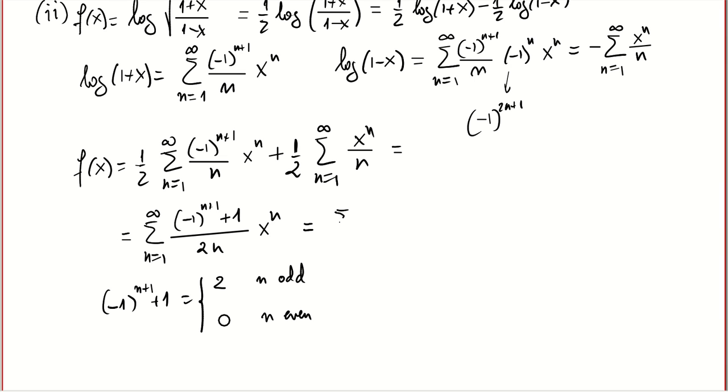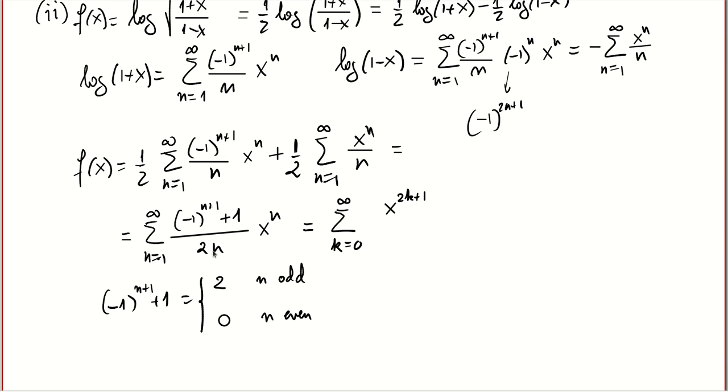So we can write the sum from k equals 0 to infinity, okay? And then we have x^(2k+1), right? n is equal to 2k plus 1 here. I'm starting at k equal to 0, because for k equal to 0 we have 1, which is the first odd power that we have here. And then the coefficient here is 2, divided by 2 is 1.